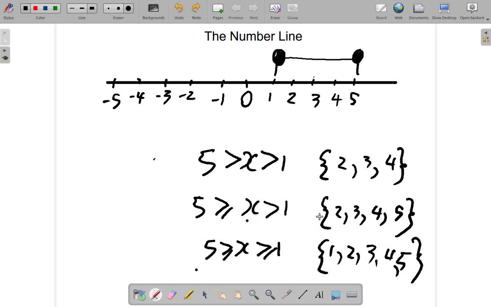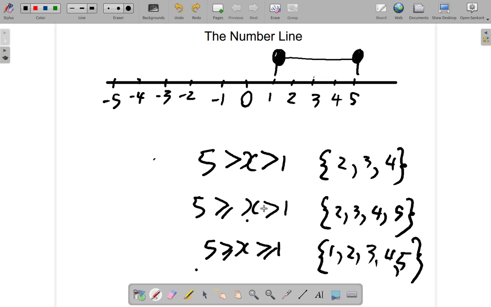Now this is a matter of showing a range of values on the number line. So we have looked at adding two numbers on the number line, one number plus another number, one number minus another number. And we've also looked at what happens when you show these as inequalities.